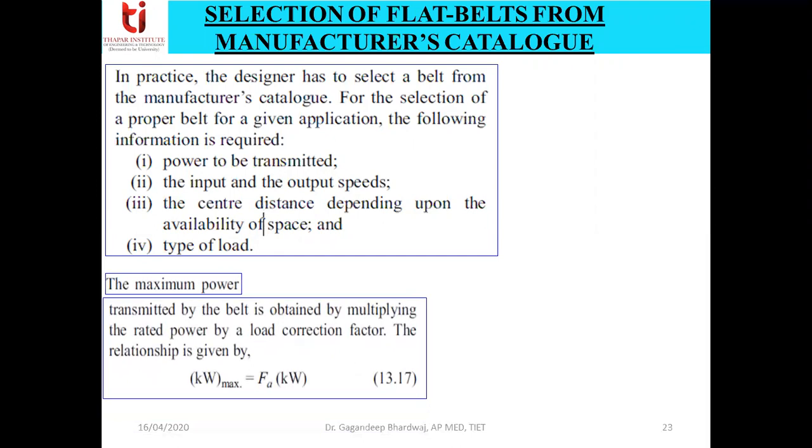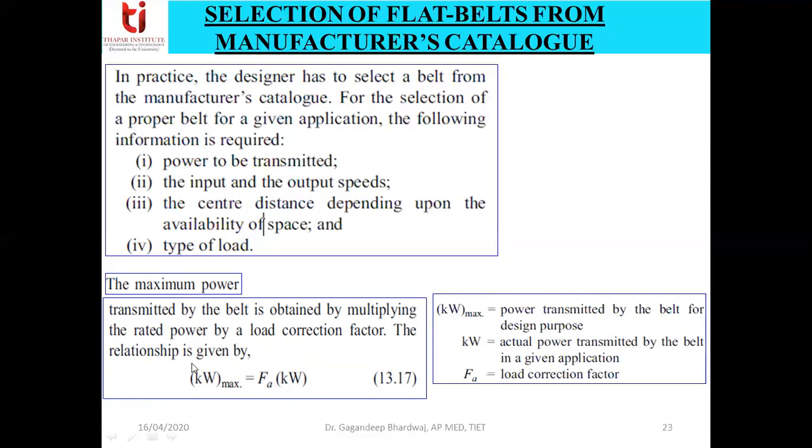So the basic procedure for the selection of belt from the catalog of Dunlop Rubber Co. Limited is that the maximum power transmitted by the belt is obtained by multiplying the rated power by a load correction factor. This load correction factor is denoted by FA.